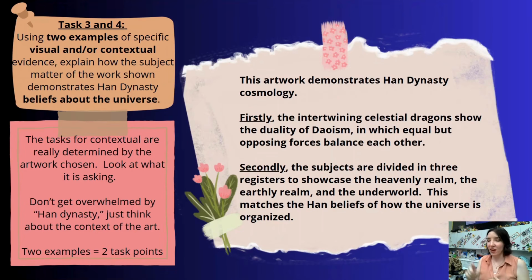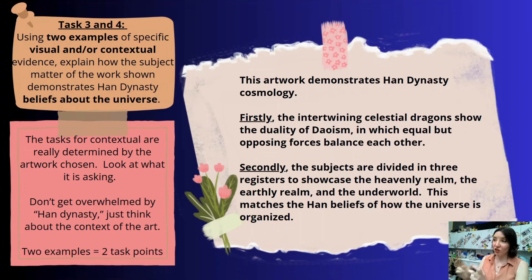Secondly, here's my second point. Secondly, the subjects are divided in 3 registers to showcase the heavenly realm, the earthly realm, and the underworld. This matches the Han beliefs of how the universe is organized. This is one where I was like, ooh, I talked about the registers. Oh, shoot, that's kind of too visual.